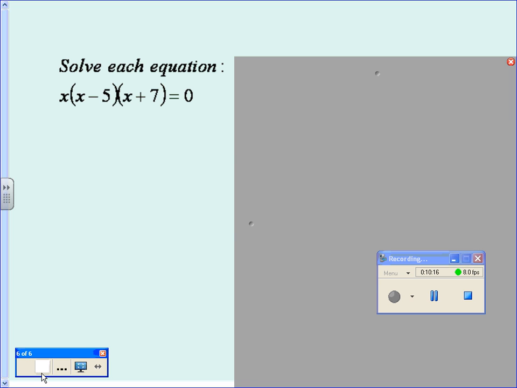When they're in this form, are they easier?